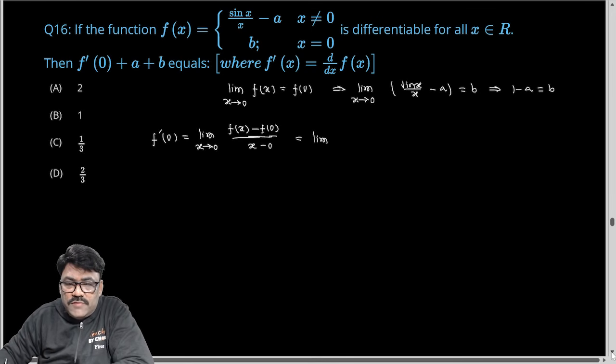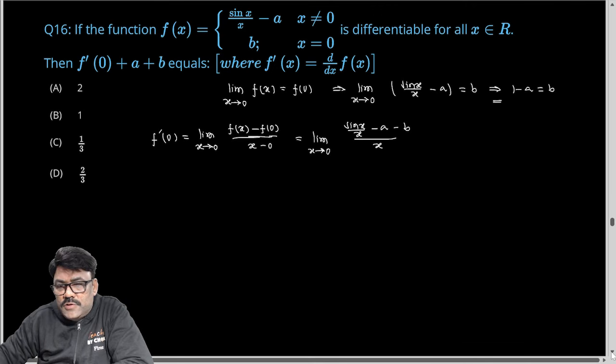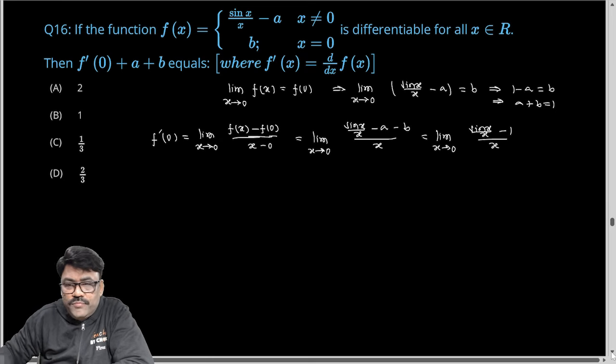So it is limit x approaching to 0, f x is sin x over x minus a, f 0 is b, over x. And from here you can see that a plus b is 1. So if I put a plus b as 1 here, it is limit x approaching to 0 of sin x over x minus 1, over x.